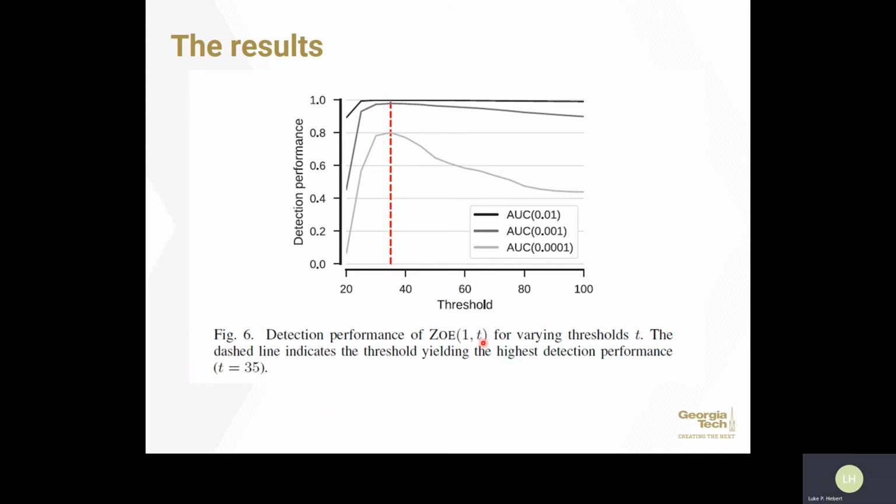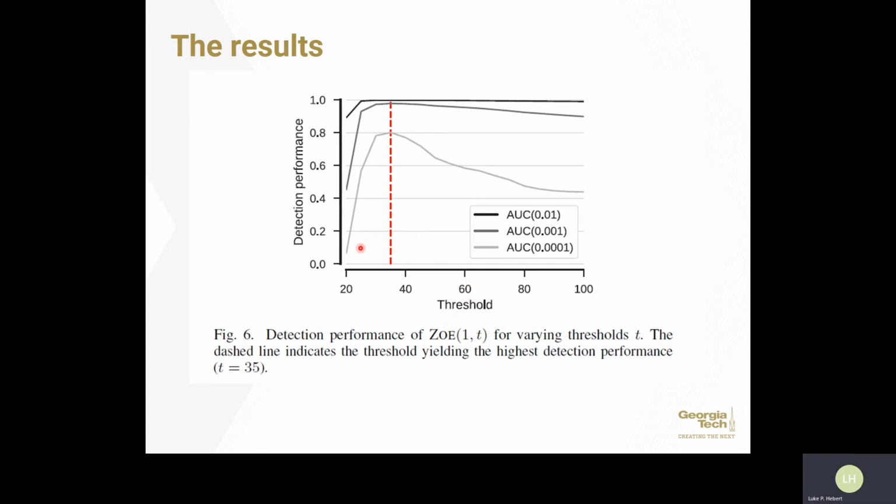So here are the results of ZOE when researchers varied the frequency threshold and kept the message group count at 1, which is also known as using a global content model. Changing the threshold doesn't make much of a difference for false positive bounds above 0.1%.